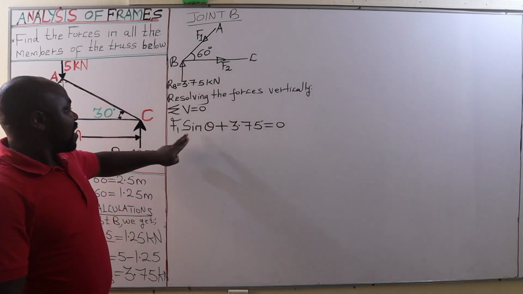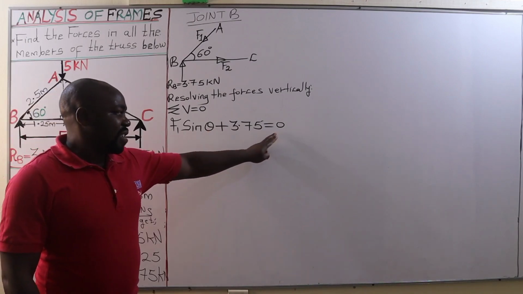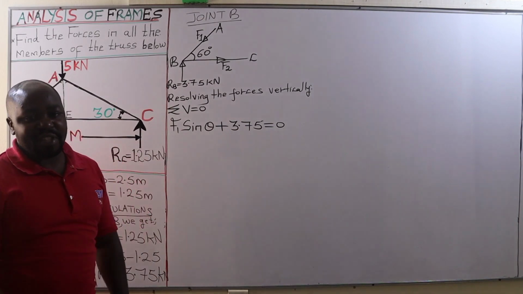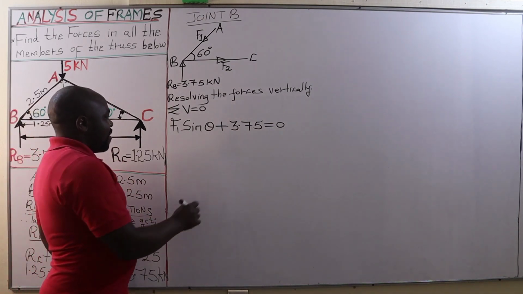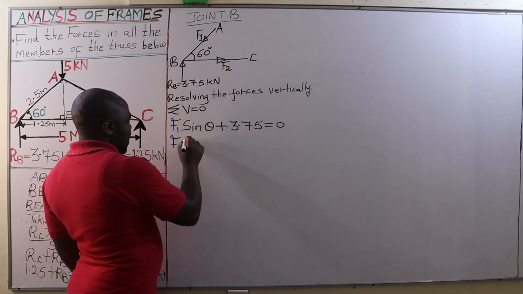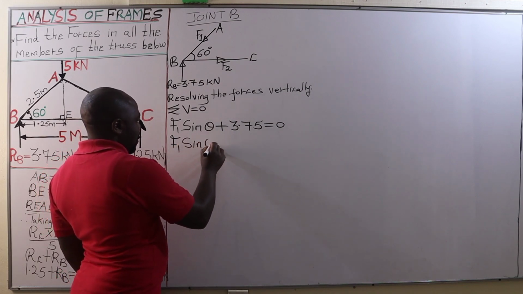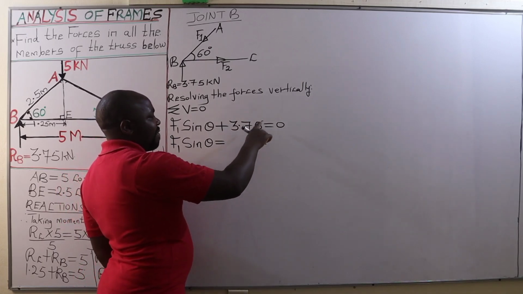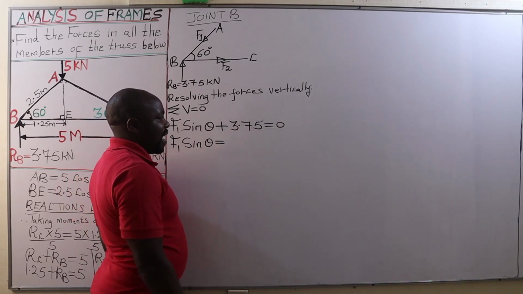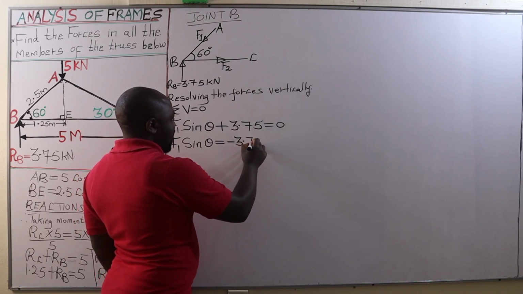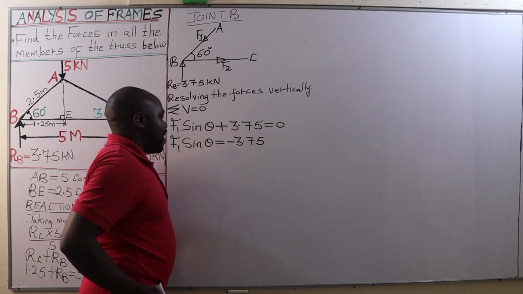This means that the sum of all the vertical forces is equal to 0. And therefore, we are going to have F1 sine theta being equal to, taking 3.75 to the other side of the equal sign, minus 3.75.